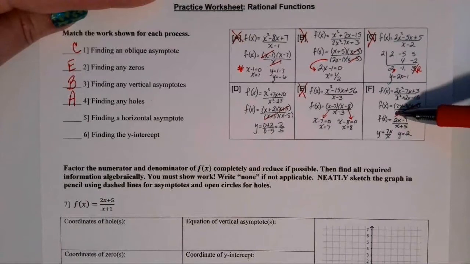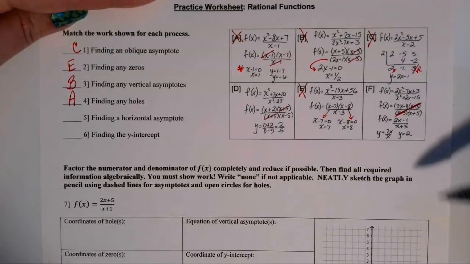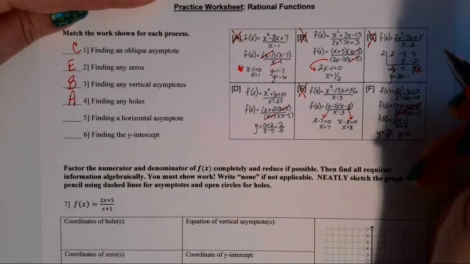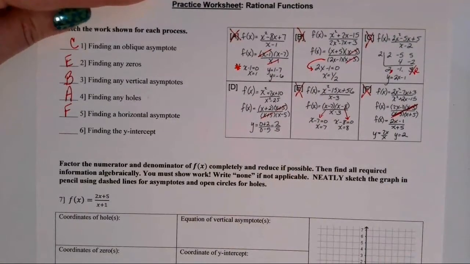So 2x and x, those are the same exponent. So 2x divided by x then gives us the ratio of those leading coefficients, which is a 2. And so F is our work for finding the horizontal asymptote.